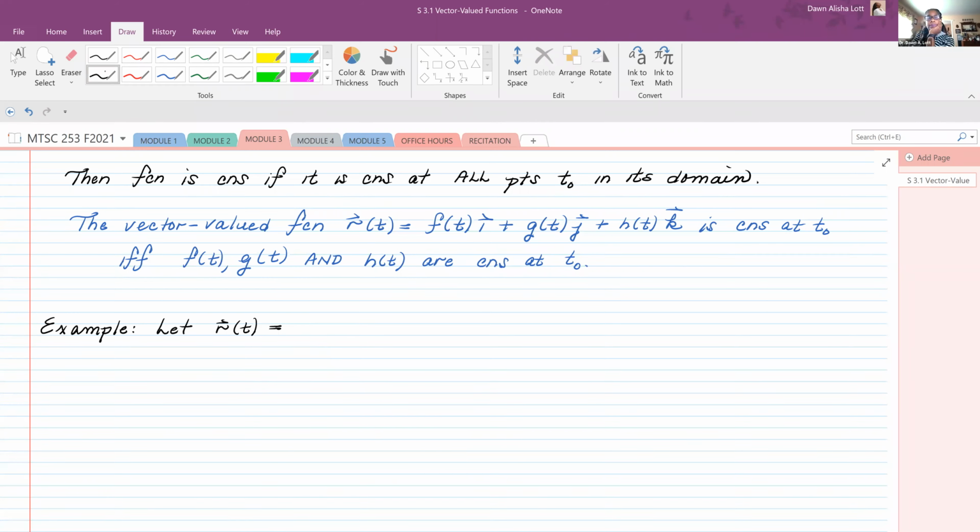This is kind of hard to come up with a good example, so I'm trying to find one.